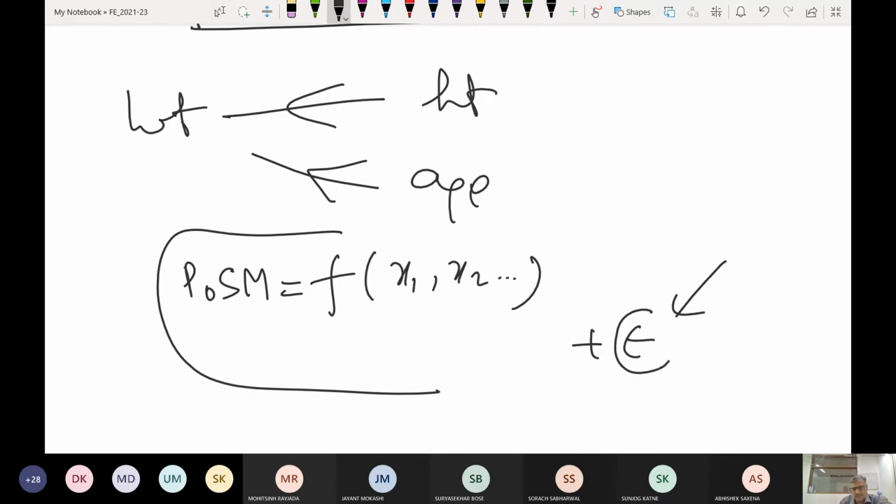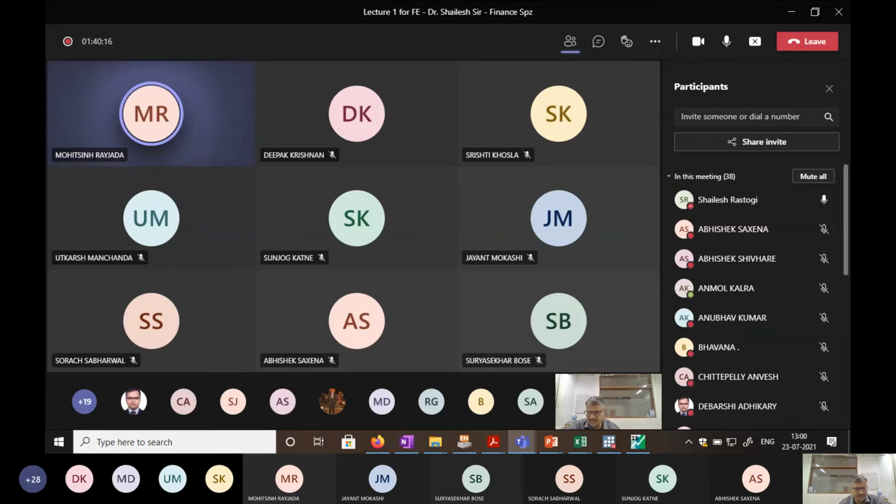There will always be some probabilistic error, which will cover those cases where the movie is not successful. So that's the example of probabilistic versus deterministic. Usually physical sciences have deterministic models, but behavioral sciences, including finance, economics, accounting, you'll find these all come under behavioral sciences, where models, whenever they are made, are never deterministic, they are always probabilistic. Okay, got it, sir.